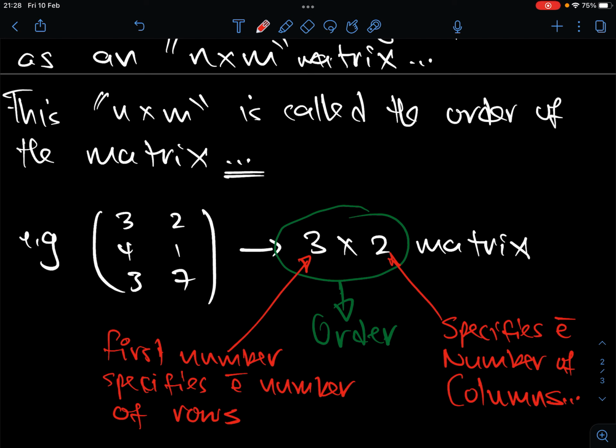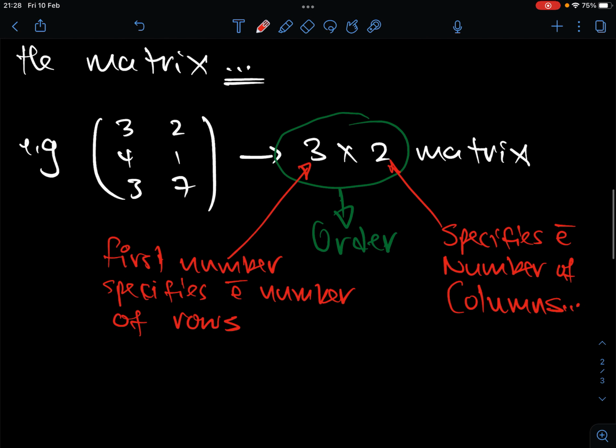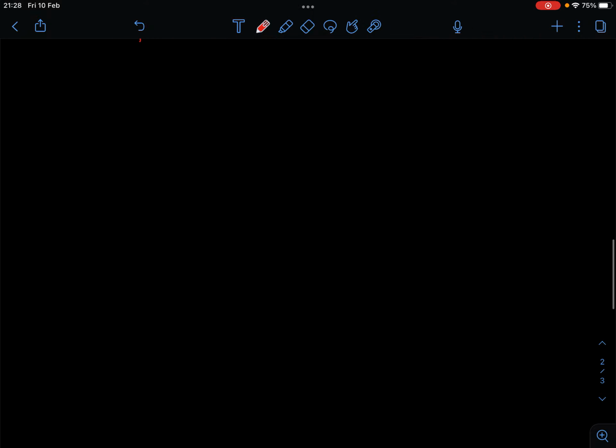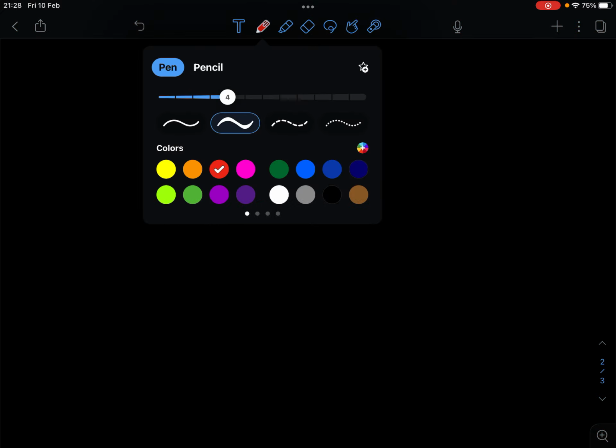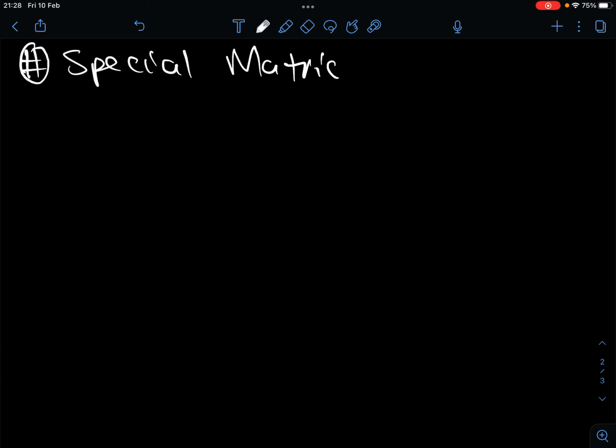Then the next thing that we would like to discuss now is to start looking at some special types of matrices that you must make sure you are aware of, as they always come up in linear algebra in different situations. So let's look at some special matrices that you should know in this subject.